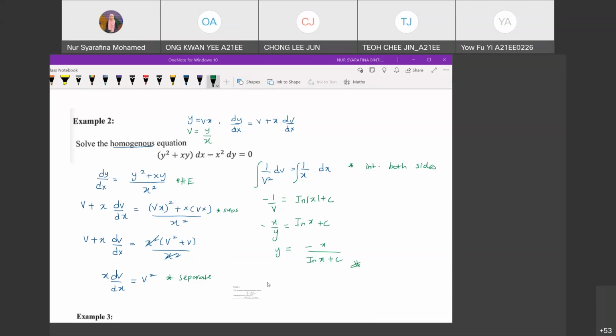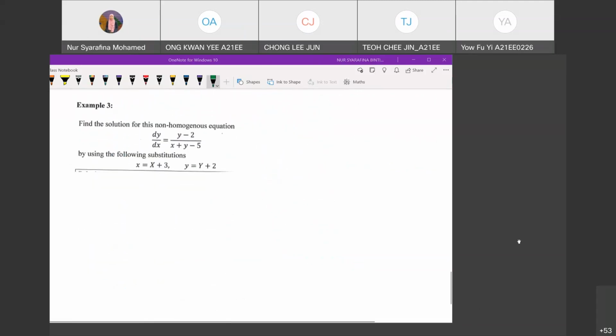Okay, just like this example. As you can see, it is mentioned that the function given is non-homogeneous. Okay, but we can solve this non-homogeneous by using the right substitution, where the substitution is given here. Okay, so now how can we find this?